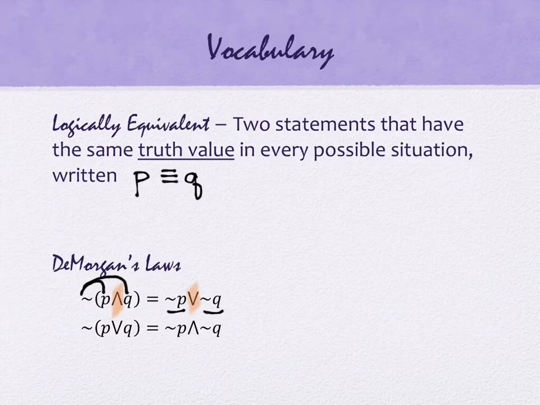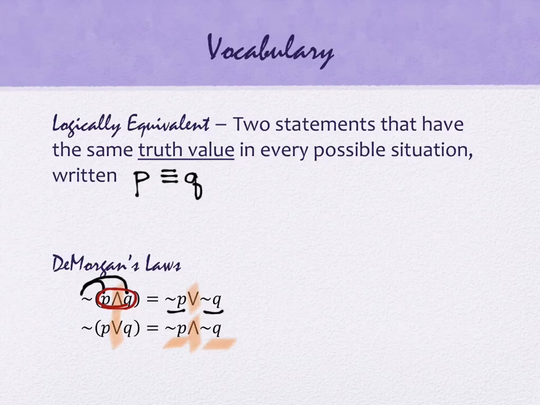So it's almost like there are three items inside here and they all change. Ands become ors. Tildes affect statements. If there were a tilde on the statement, we would remove it. All that good stuff. And the same thing happens to or statements when I negate them. It's almost like I'm distributing the tilde through, and it affects every piece. So I have a tilde P when I'm done, I have a tilde Q when I'm done, and I have an and statement when I'm done.